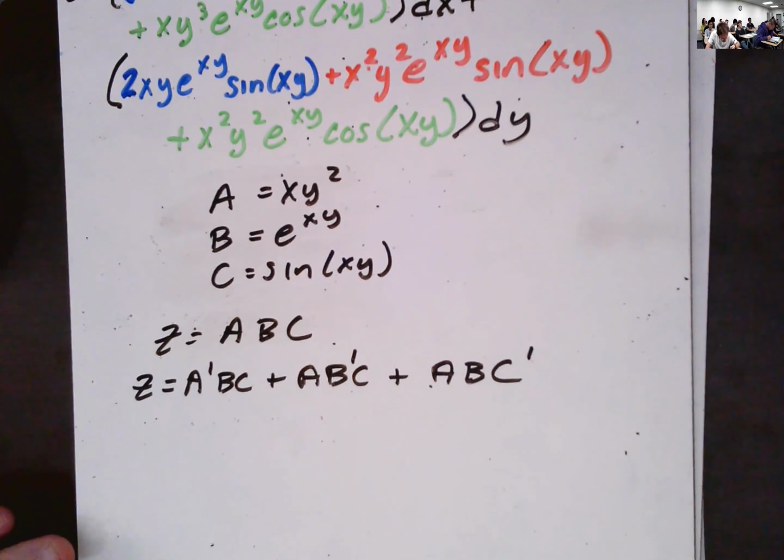That probably should be DC, by the way. That's triple product rule right there. That's finding the individual derivative of one part, plus the individual derivative of another part, plus the individual derivative of the third.